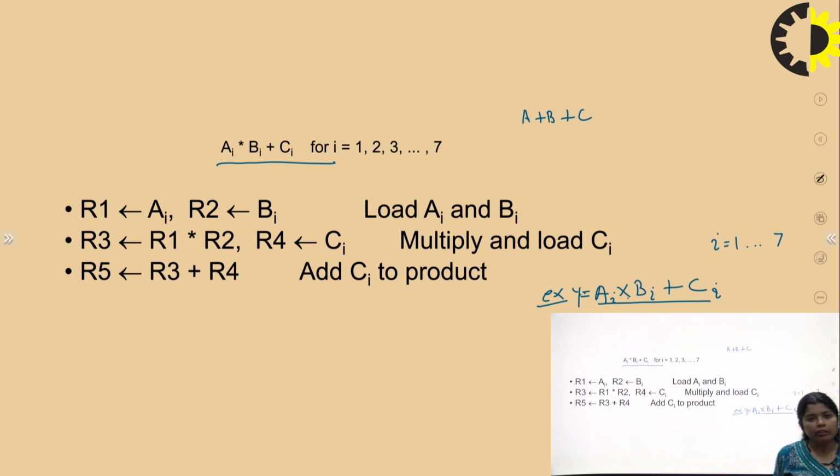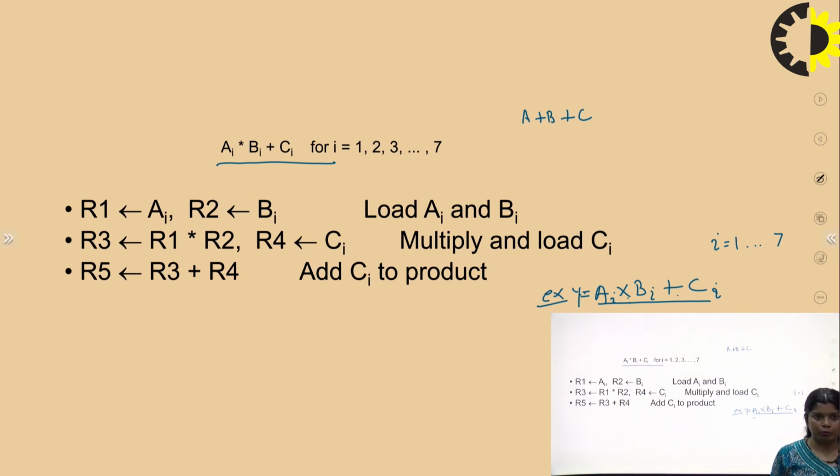For the pipeline process, when we start the pipeline, we have the operands on which we apply the operations. How do we get the stages?